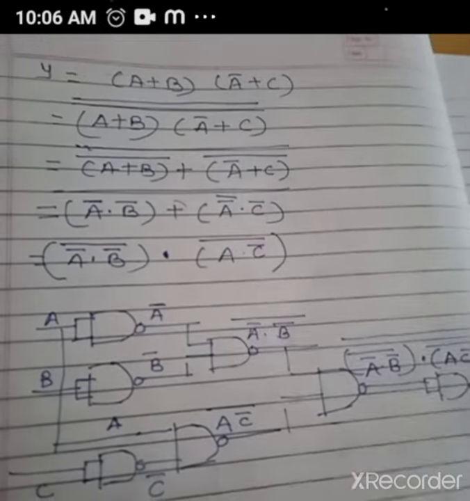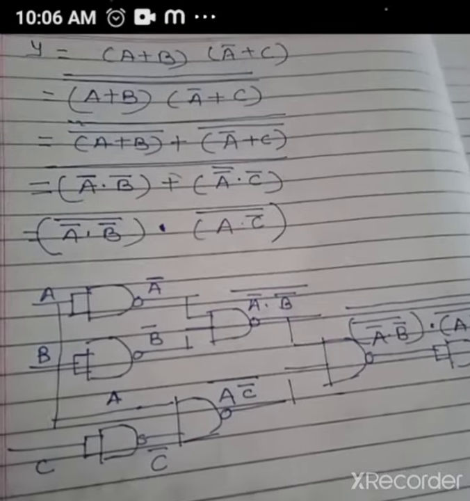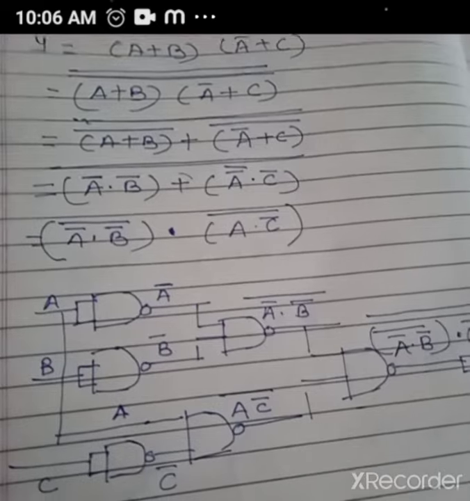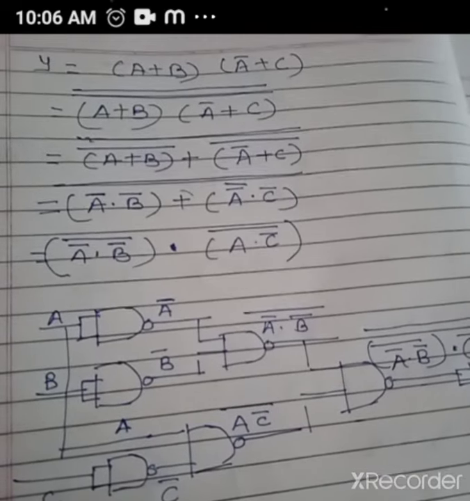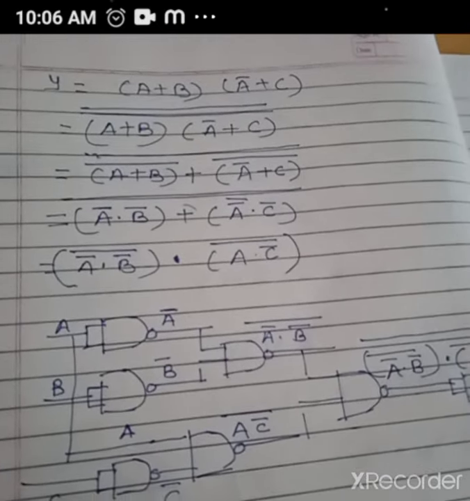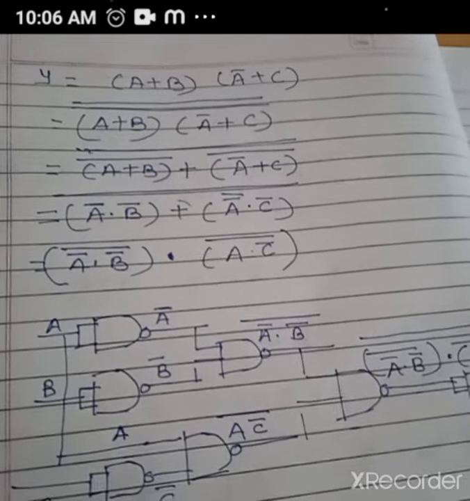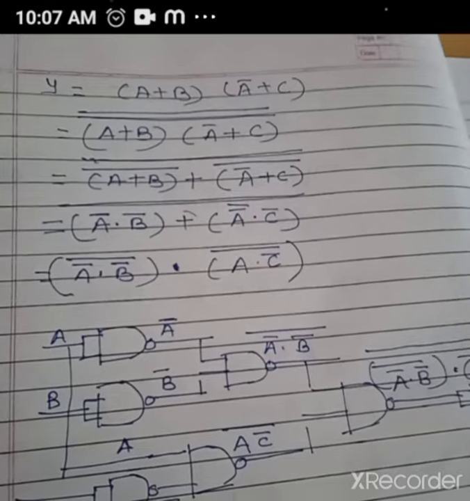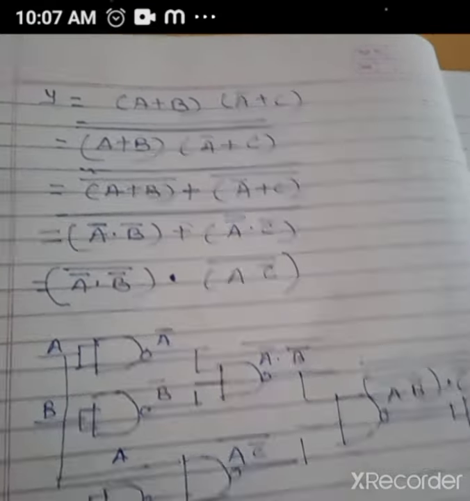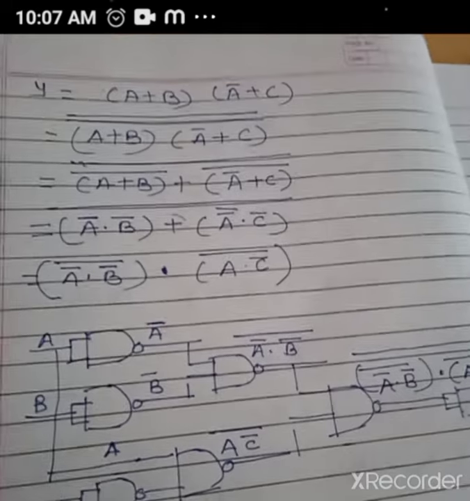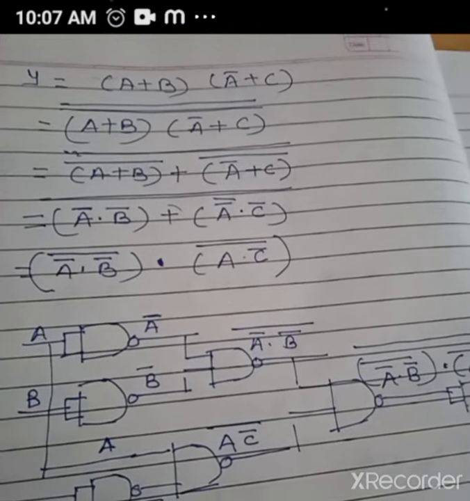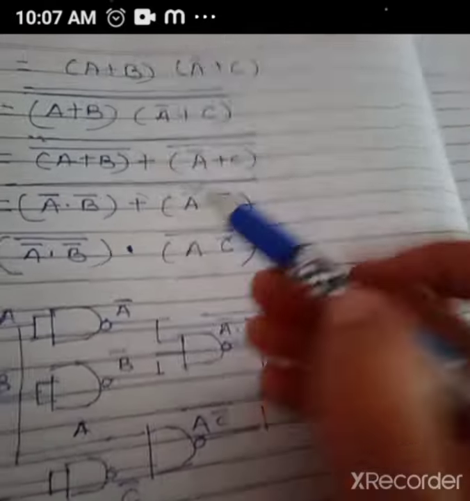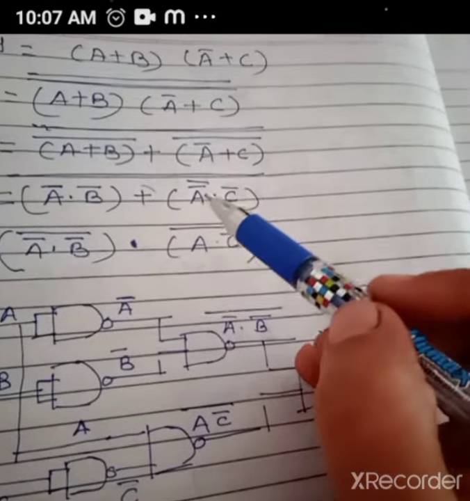These equations look difficult, but once you understand the logic of how to apply De Morgan's theorem, it will be very easy. What is important is that you have to take care of all the complements, small complements as well as big complements, while solving these equations using De Morgan's theorem, because so many complements or bars appear in the equation while solving.